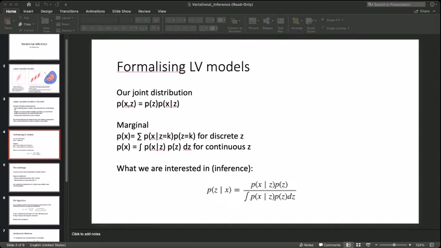Okay, one second. Yeah, and then once we have p of x and z in the numerator and p of x in the denominator, this is equivalent to p of z given x.